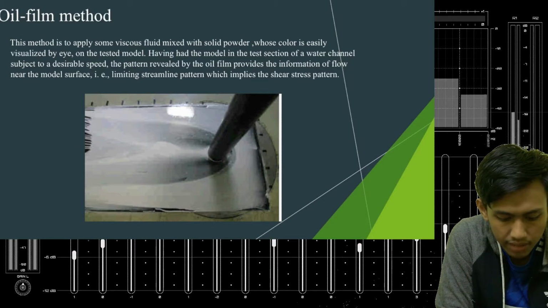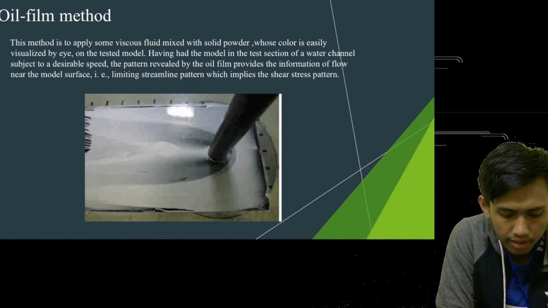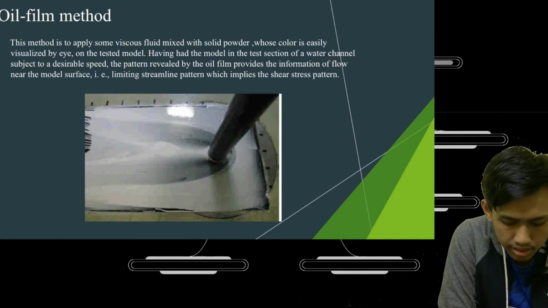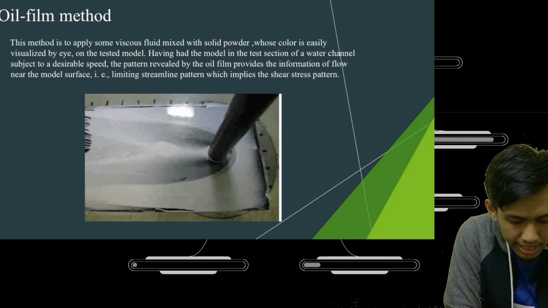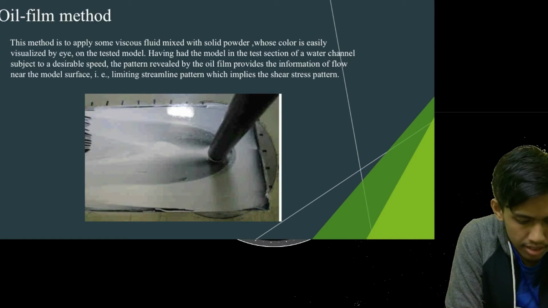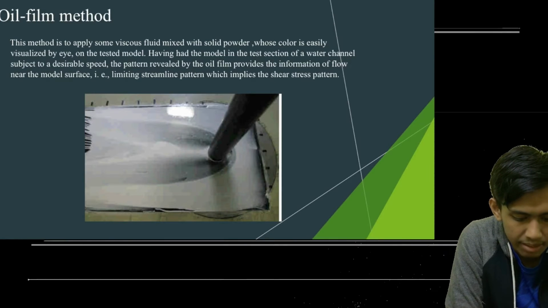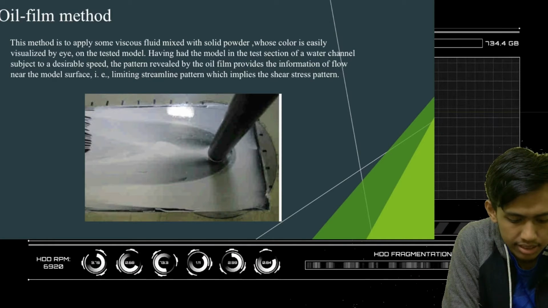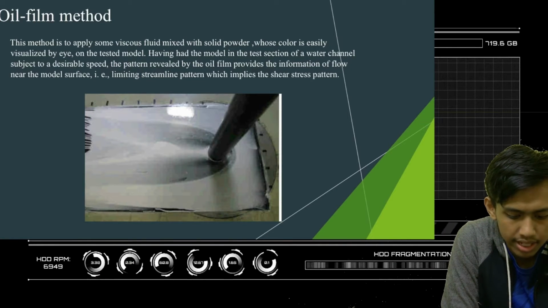The pattern revealed by the oil film provides information about the flow near the model surface, for example the limiting streamline pattern, which implies the shear stress pattern.